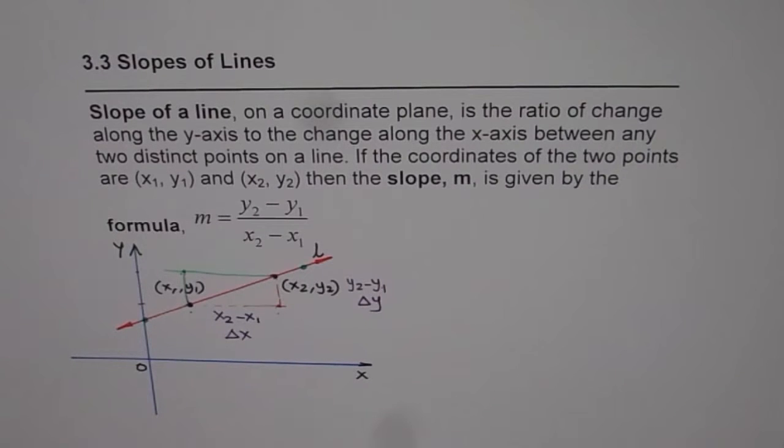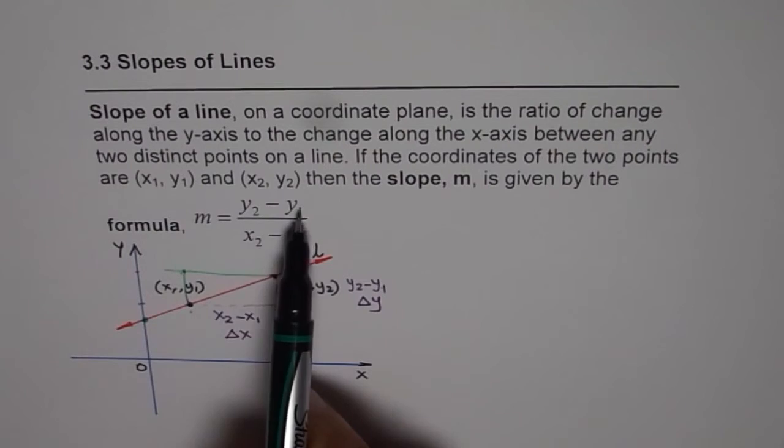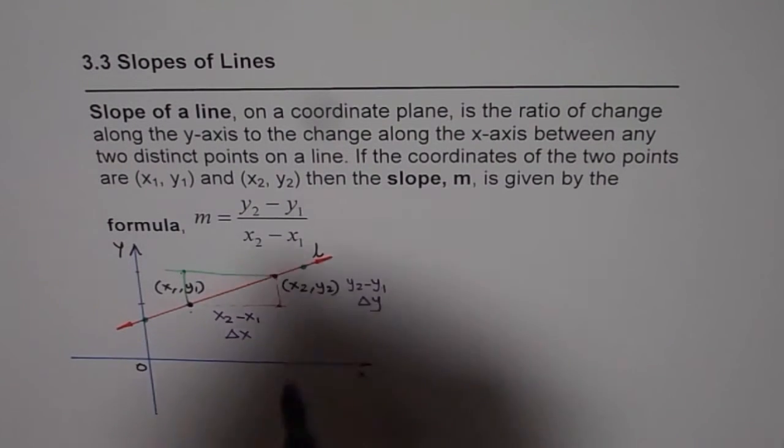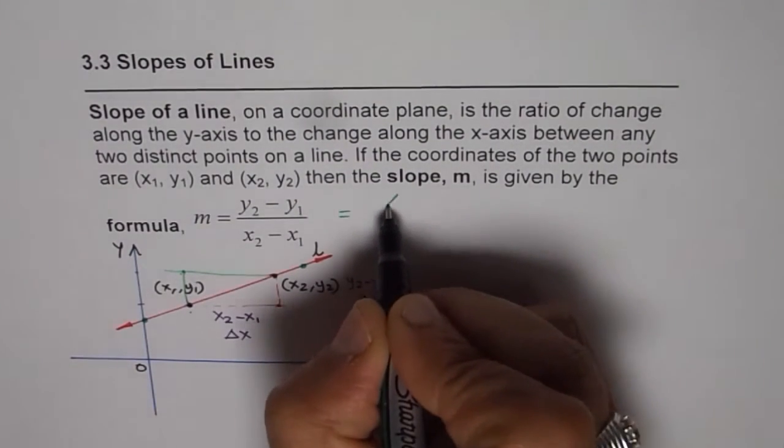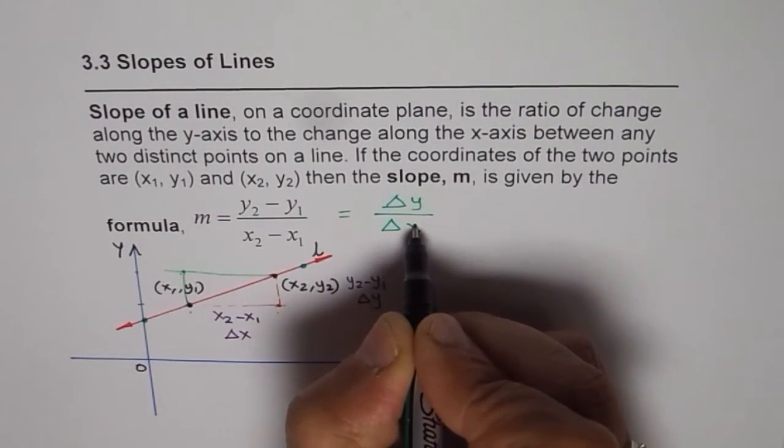So these are a few important things to understand. And remember the formula. This is also referred to as the slope formula, where m is equal to change in y over change in x, right?